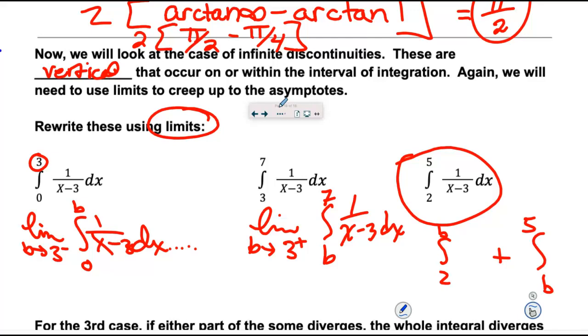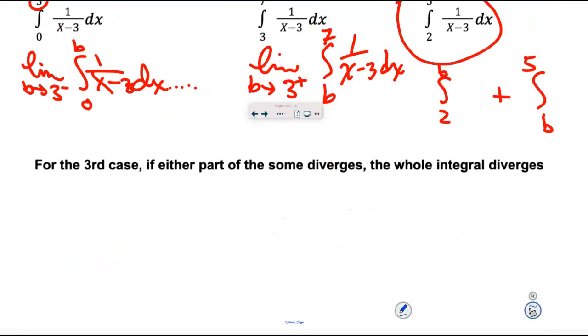Are we good with that? Otherwise, evaluating is the same. So today's is going to go a little faster. This is important though. For the first and second case, if you get the answer 5, the answer is 5. If you get infinity, it diverges. On this one, if either one is one of the infinities, or both, it diverges. Okay?